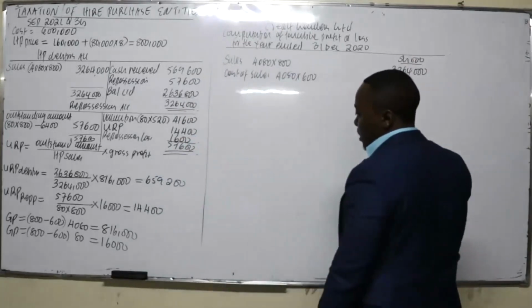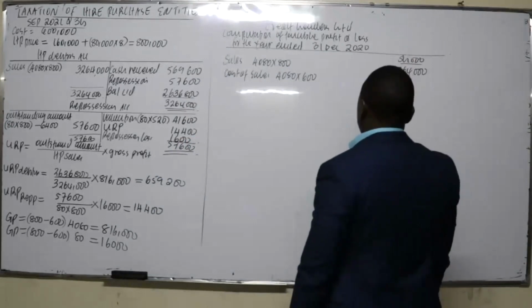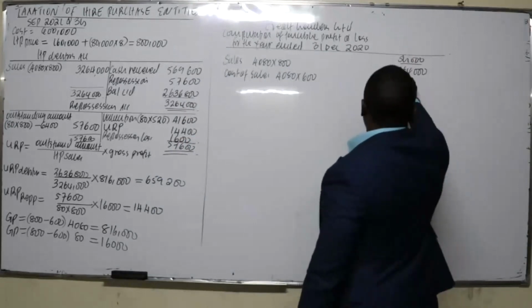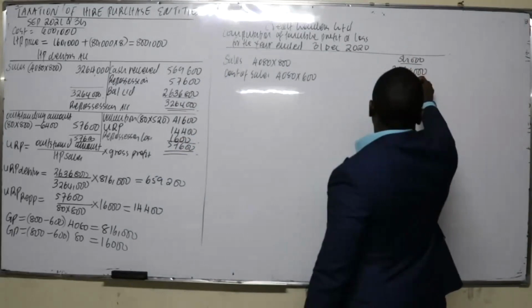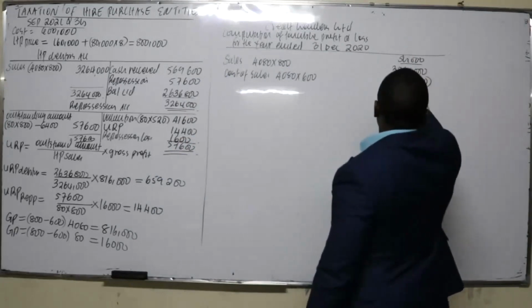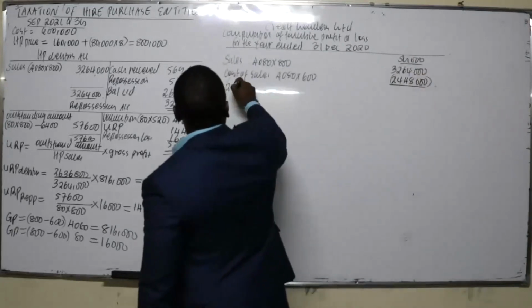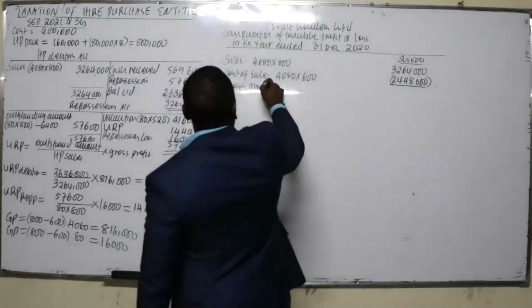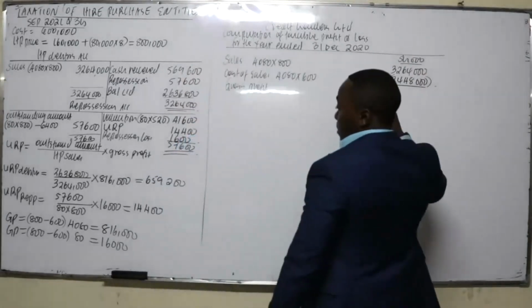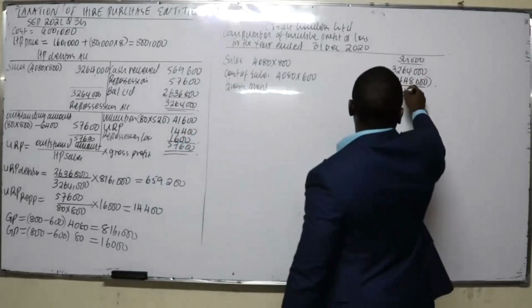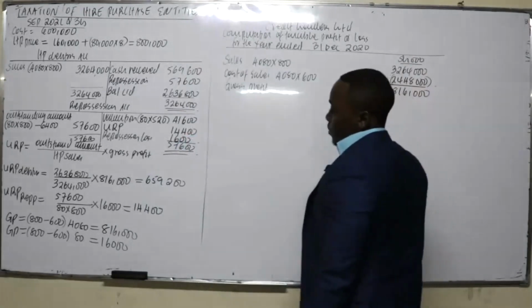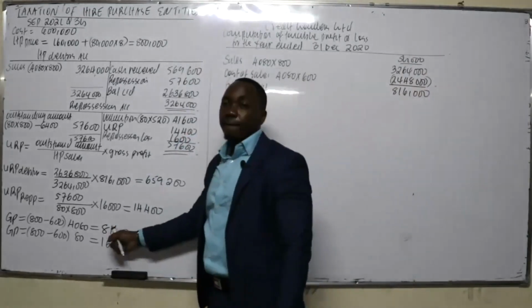You get an amount of how much? 48,000. That's how we get the gross profit. Is it an amount of 816? Yes, it's what you had already computed here.